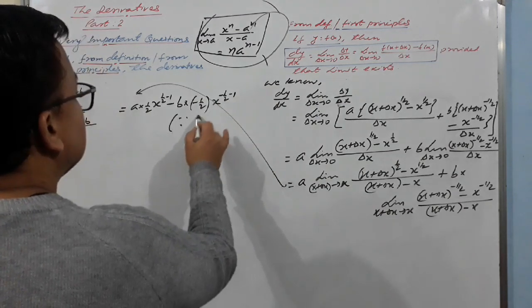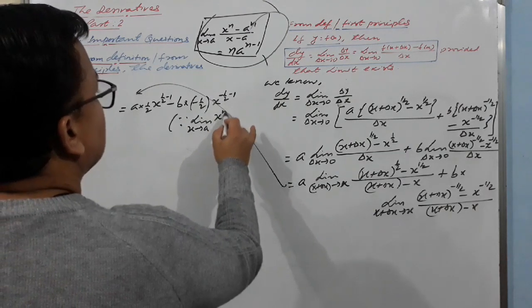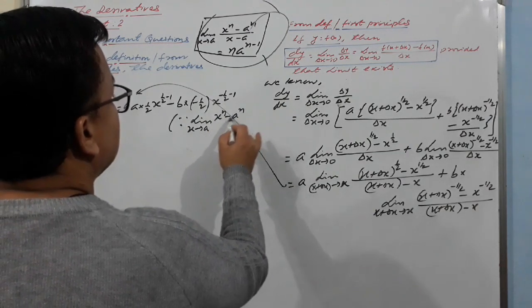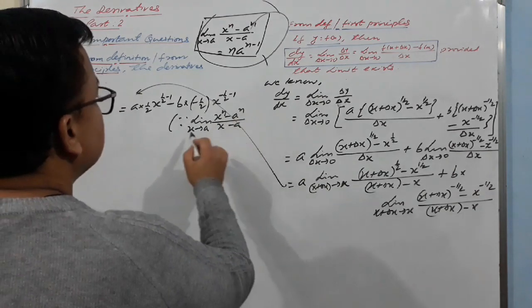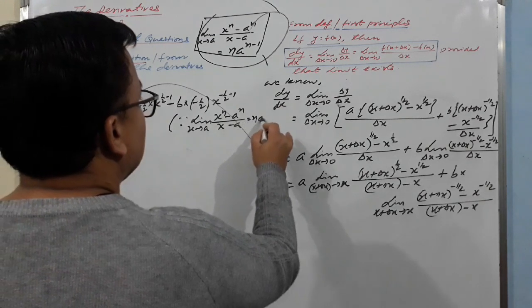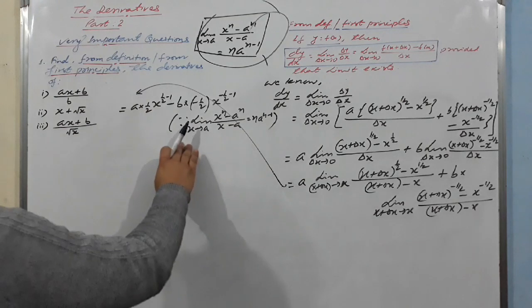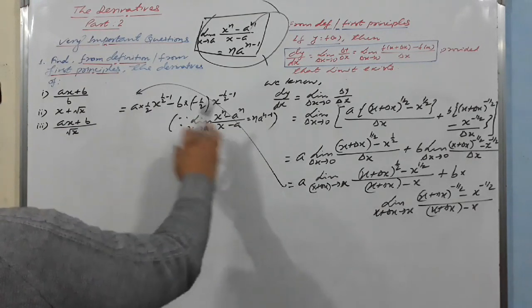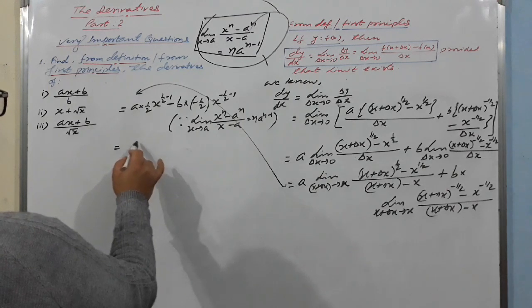You may write down since the limit as x tends to a of (x to the power n minus a to the power n) over (x minus a) is equal to n a to the power n minus 1. Using this formula, we have written this line. Now I think you will not have any problem.